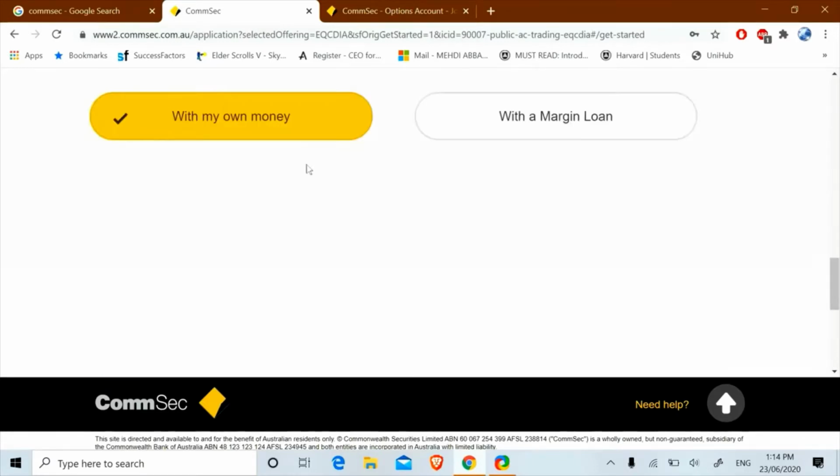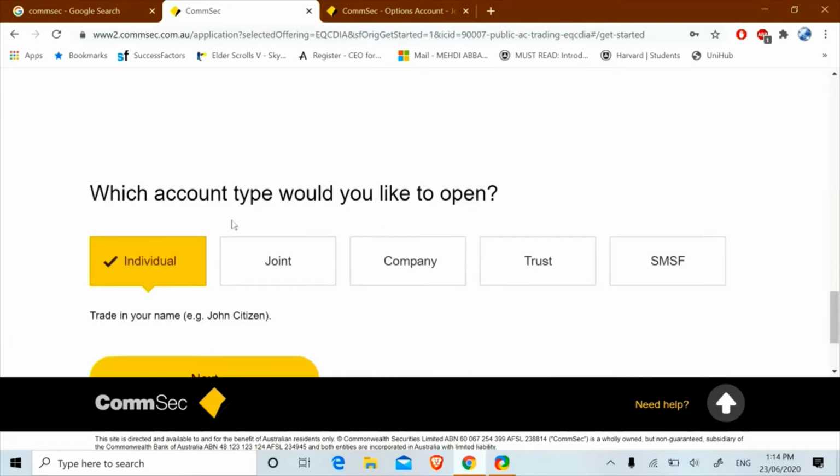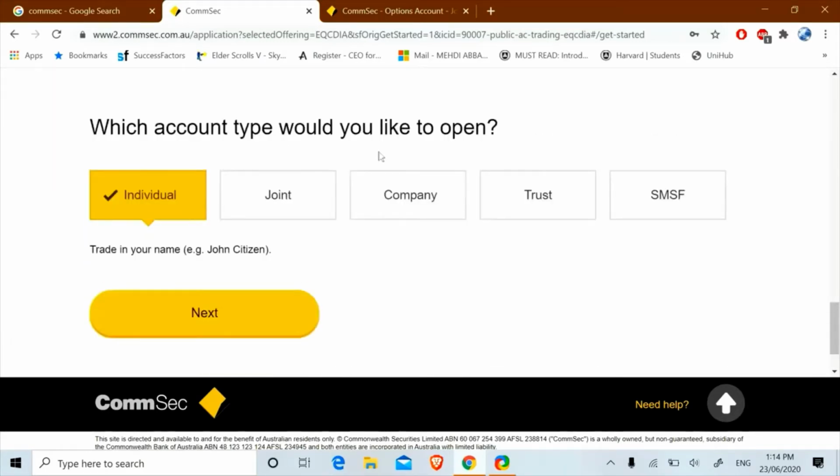Again, here you choose your own money, which is the share trading account. With a margin loan, you don't want to do it at the moment. And then you choose what type of account you're creating. If you're doing it for yourself, that's individual, or if you're doing it with your partner or someone else, you can do joint.